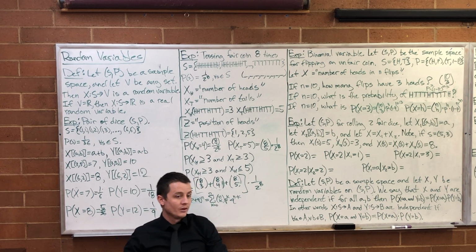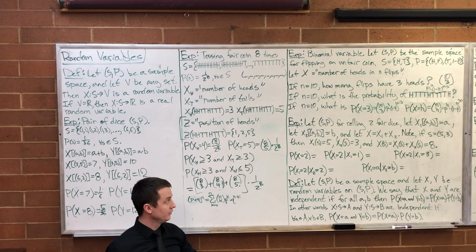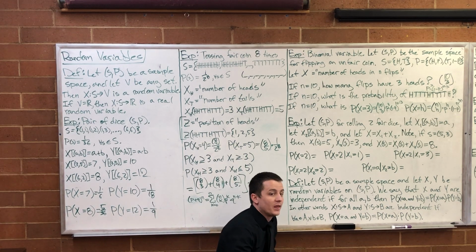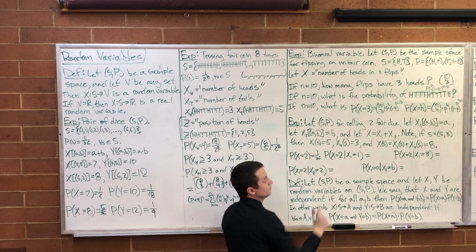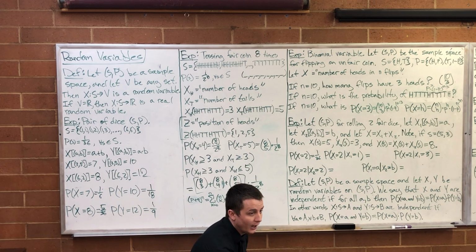Good? Okay, so now, first off, let's calculate some probabilities. What's the probability that X is 2? 1 over 36, right? No. X is the sum of the 2 dice that you roll.